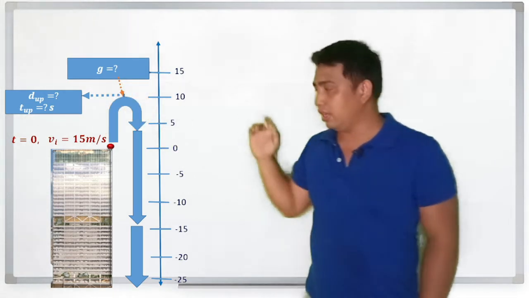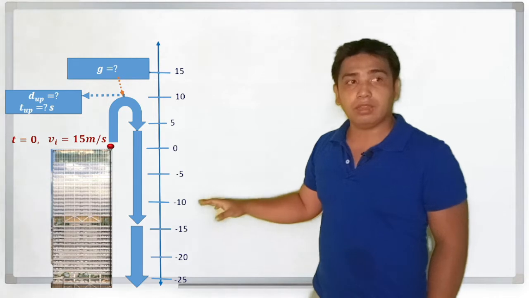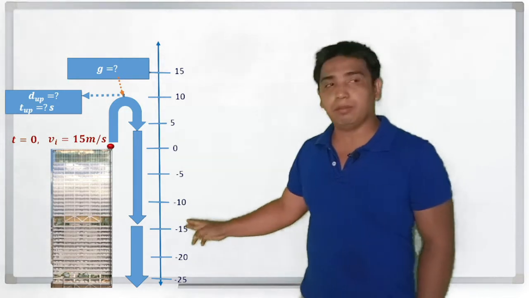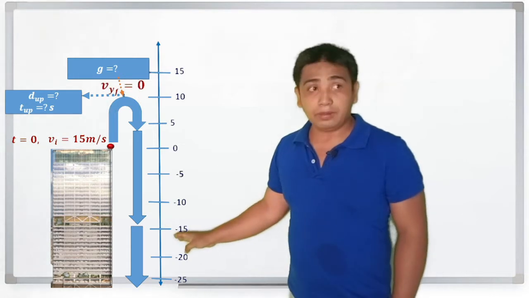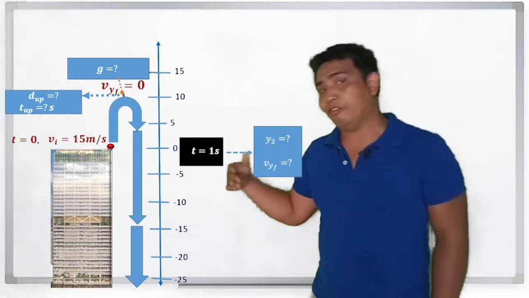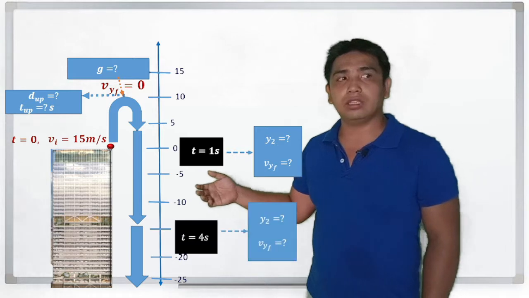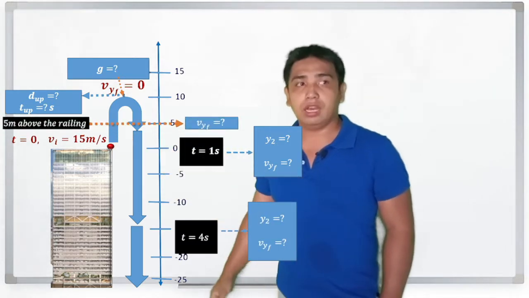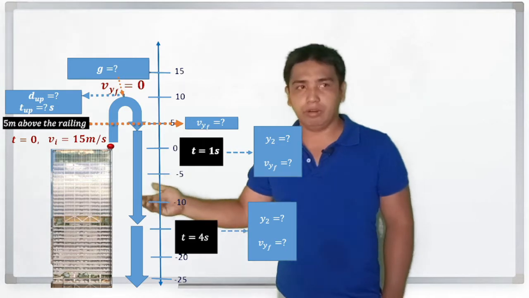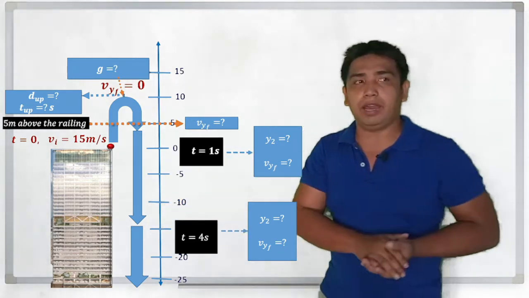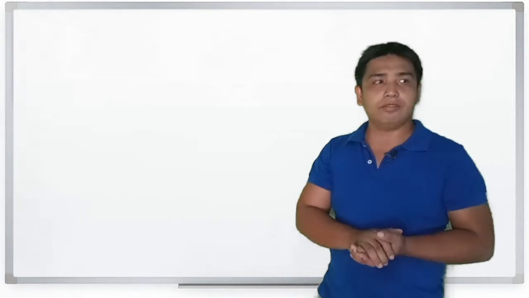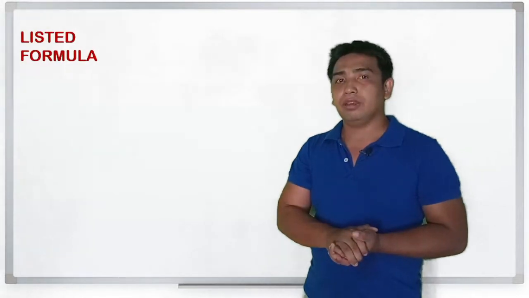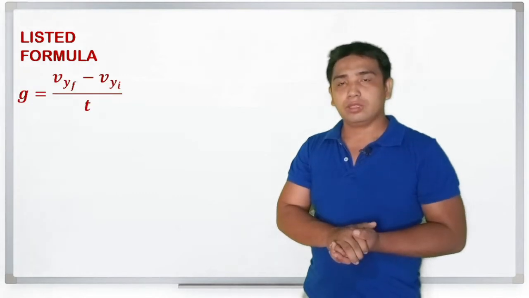You are also asked to find the position and velocity of the ball after 1 second, and the position of the ball after 4 seconds. Finally, you are asked to look for the velocity of the ball when it is 5 meters above the reference point.